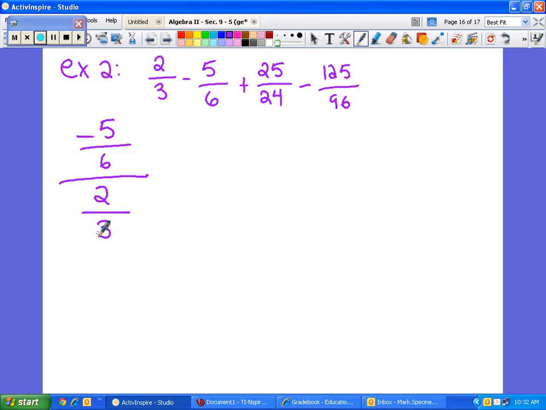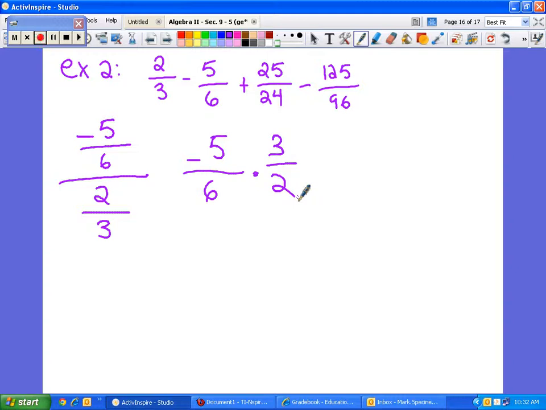You just multiply by the reciprocal. Thank you, Jillian. That's exactly what you do. Couldn't have said it better myself. When you want to divide one fraction by another fraction, you can change that division into multiplication by multiplying by the reciprocal of your denominator.